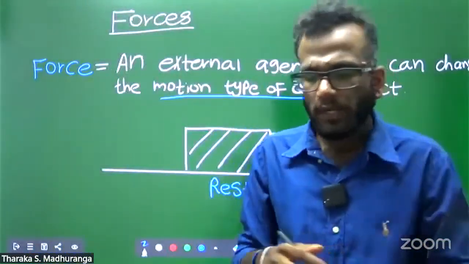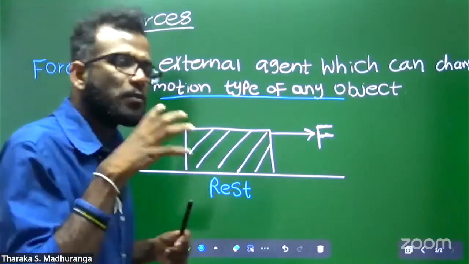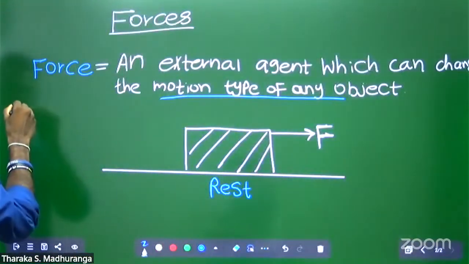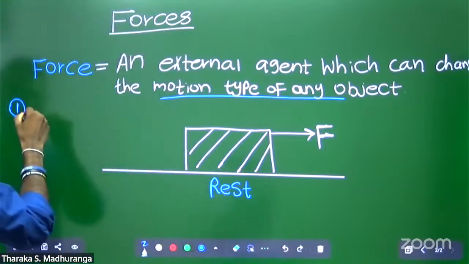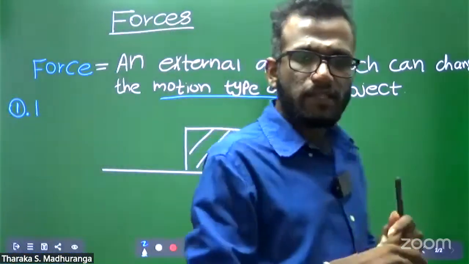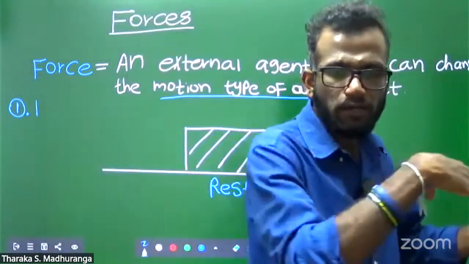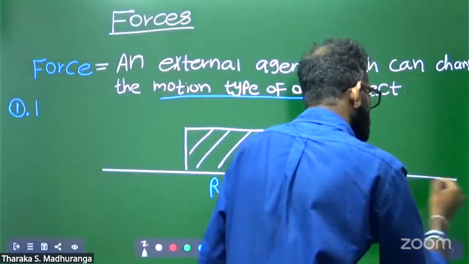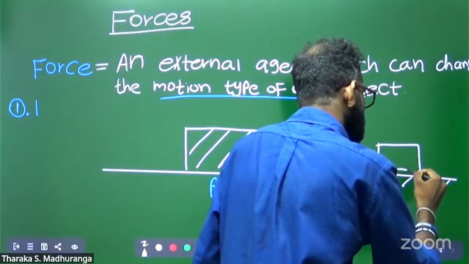When we consider the motion type, there are four main motion types. For easy understanding, think about a vehicle, like a bus on this road.